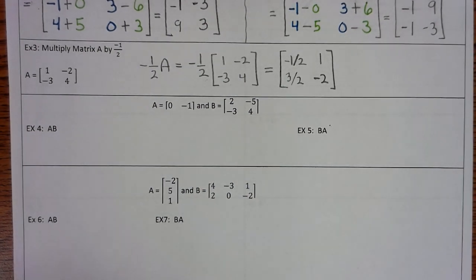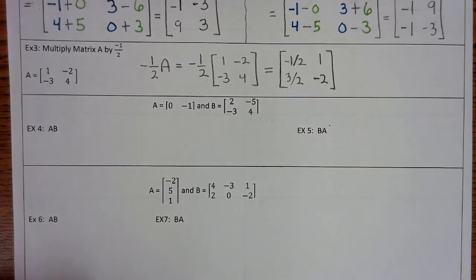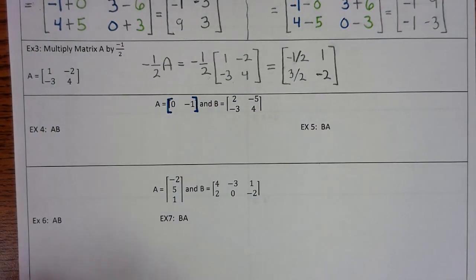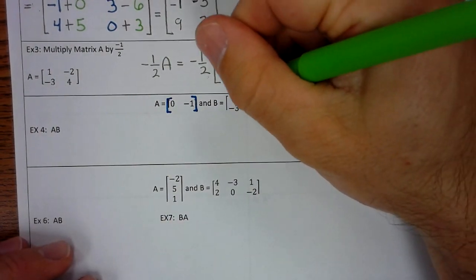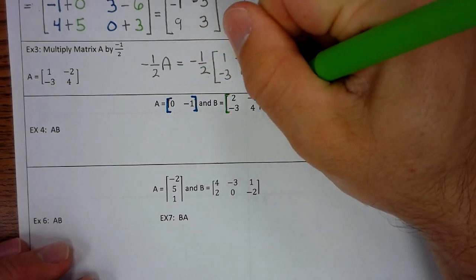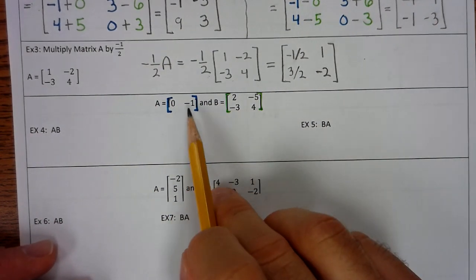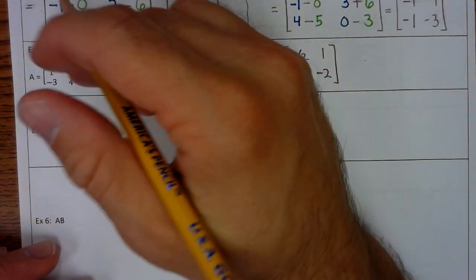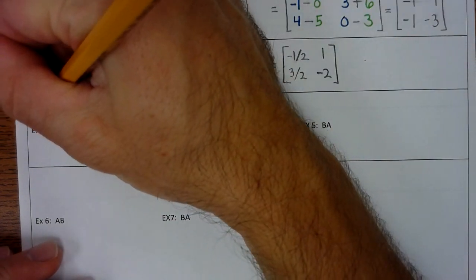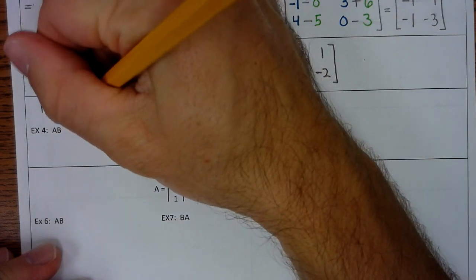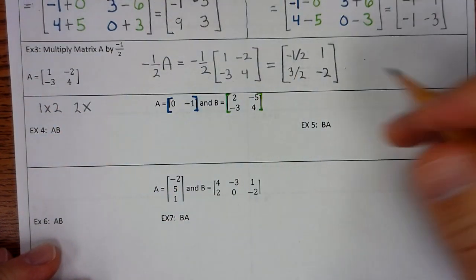All right, so example 4. Now we're going to multiply A times B. And again, we're going to color code them. So A is going to be blue, and B is going to be green. Okay? So first things first, we need to see if we can actually multiply it. So A is 1 row by 2 columns, and B is 2 rows by 2 columns.